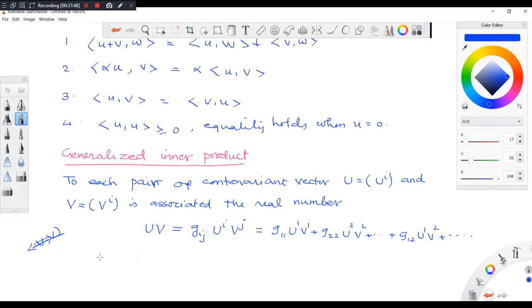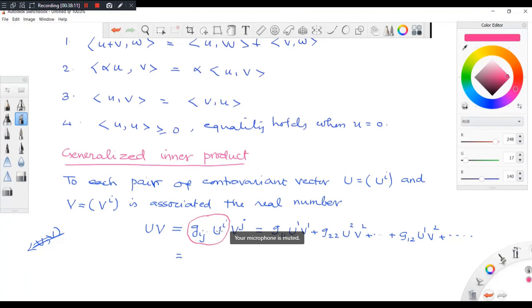Now, if this is a metric tensor, can you tell me what this quantity will be? In the last class, in the beginning, we described something. This is a contravariant vector component, and here is a covariant metric tensor.